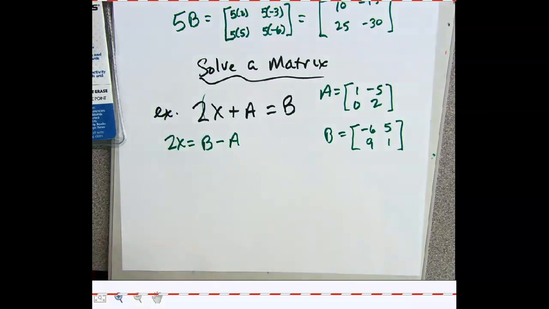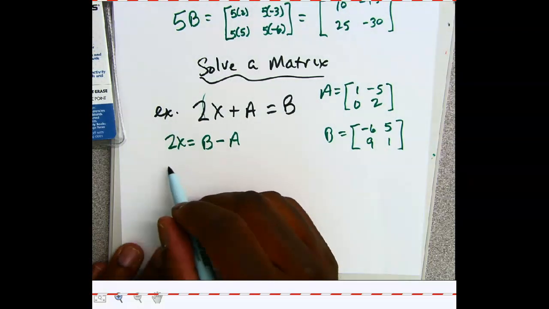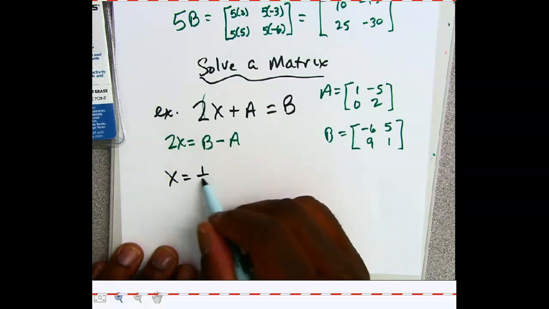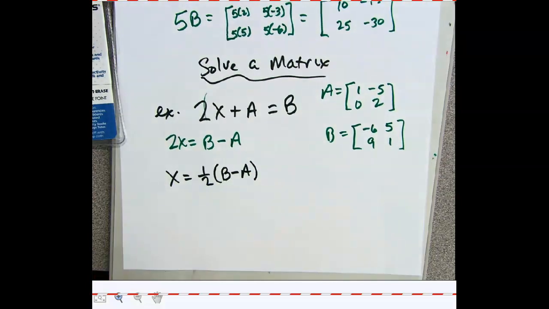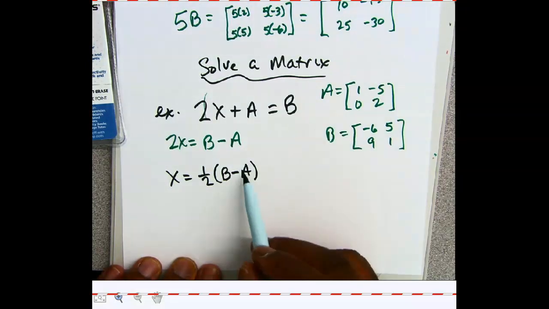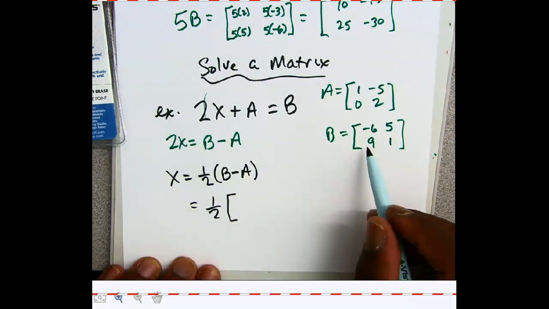But actually, I want to use language that we've been using with the matrices. So what's another way to say divide by 2? Multiply by 1/2. So if we multiply both sides by 1/2, we're going to get X is equal to 1/2 of matrix B minus matrix A. So matrix X would be 1/2 of matrix B minus matrix A.